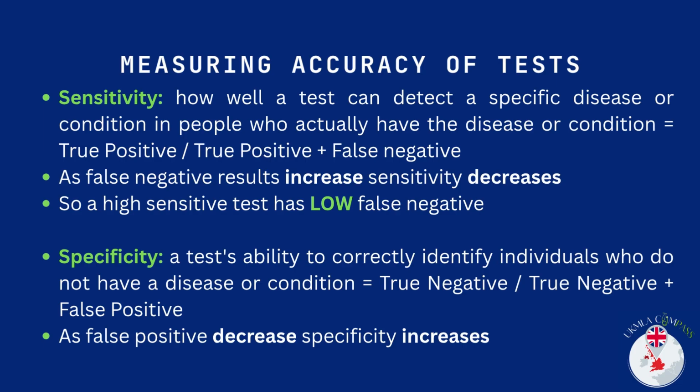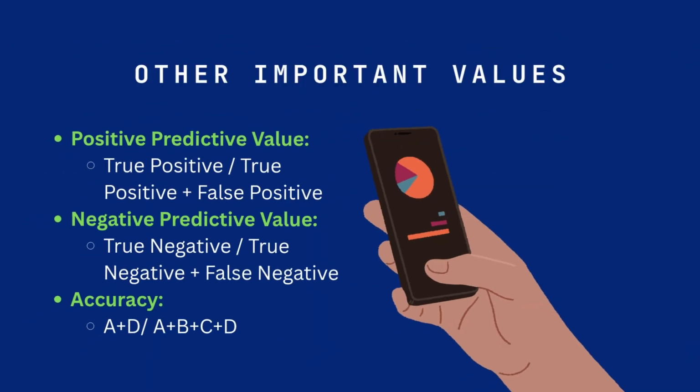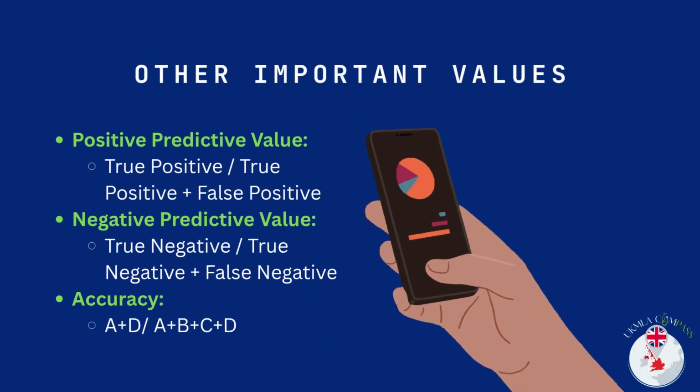Okay, let's get into the positive predicted value and negative predicted value, in which we measure the sensitivity and specificity. The positive predicted value is the true positive over the true positive plus the false positive. I'm trying to know how many positive results were actually positive.